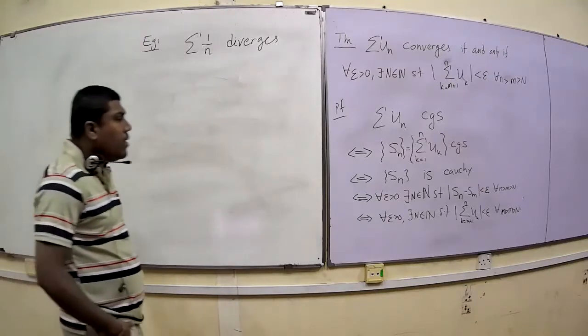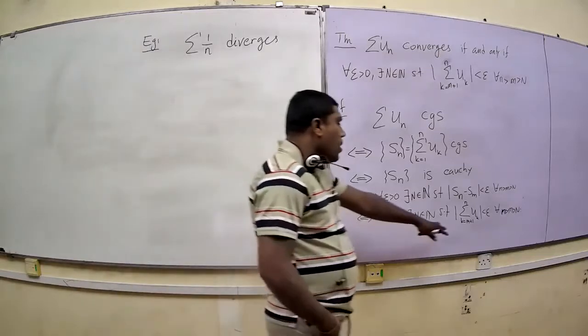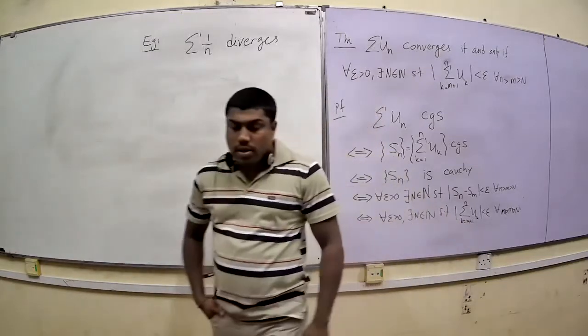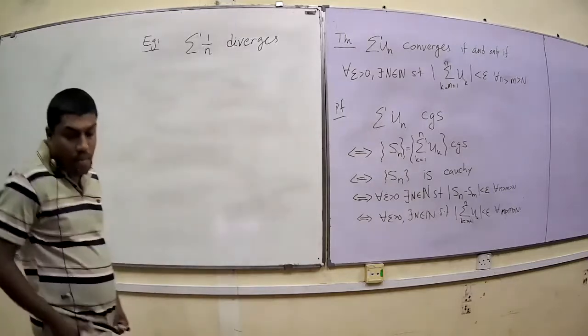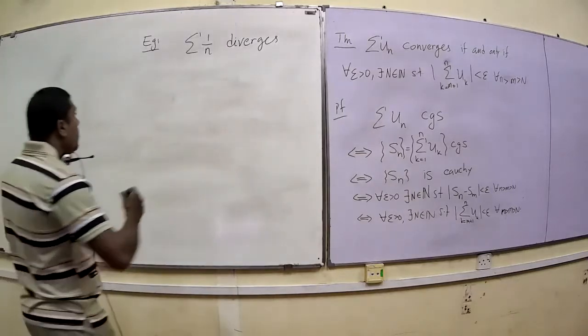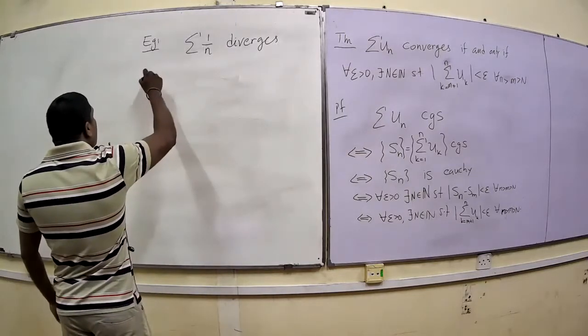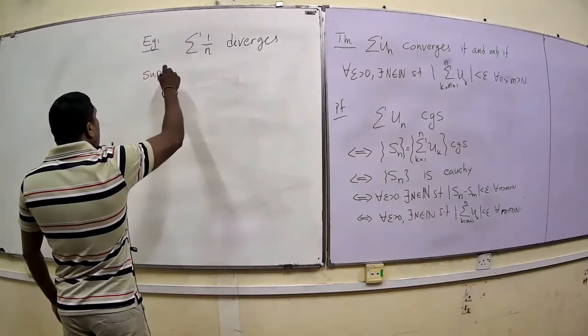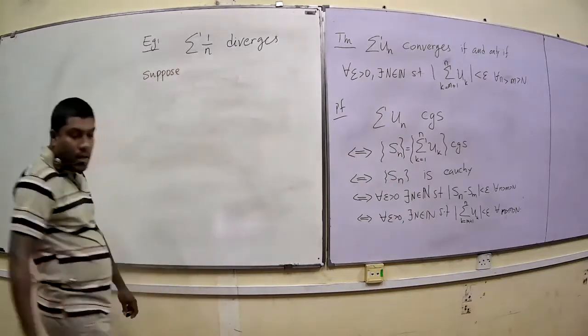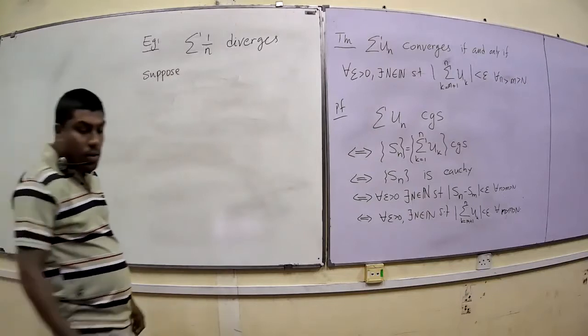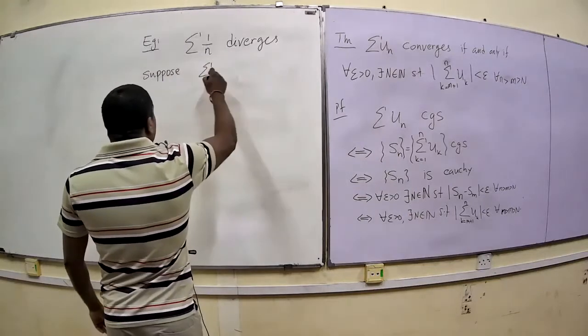So now if I want to show it is divergent, then I need to show this condition does not hold, right? So suppose the series is Cauchy.